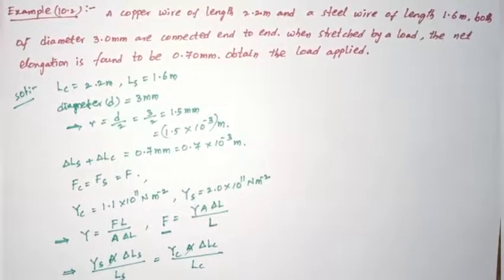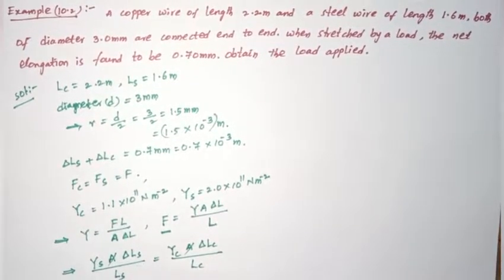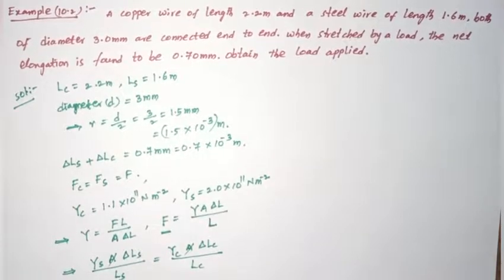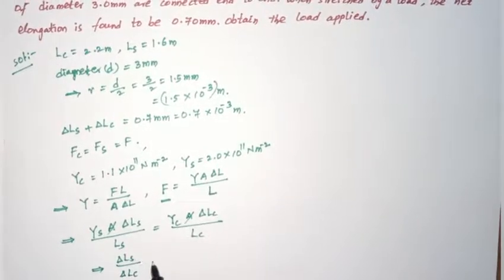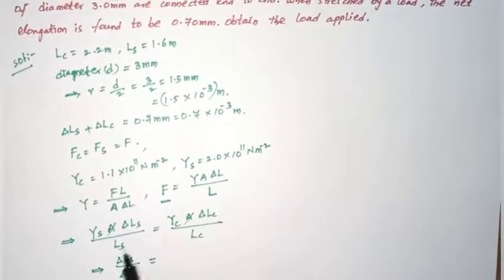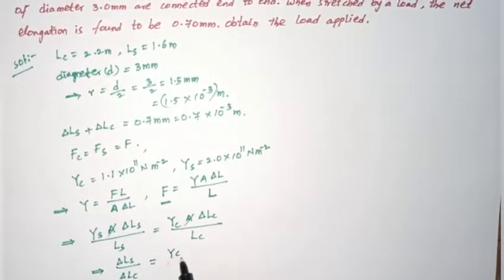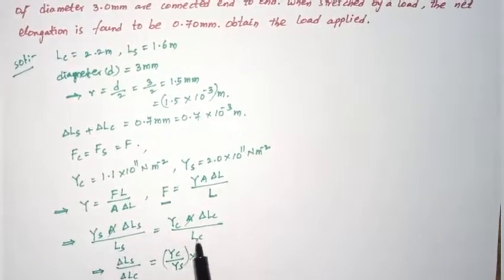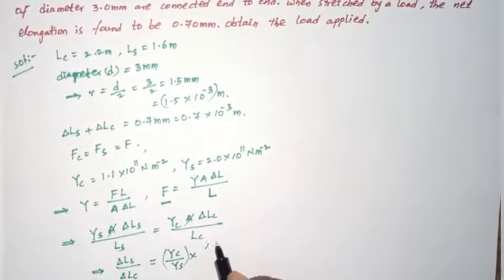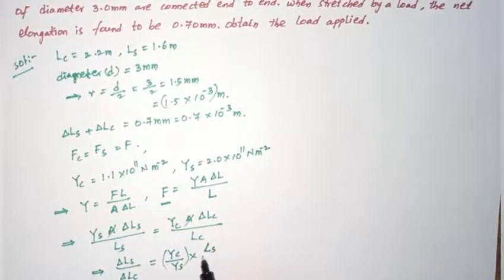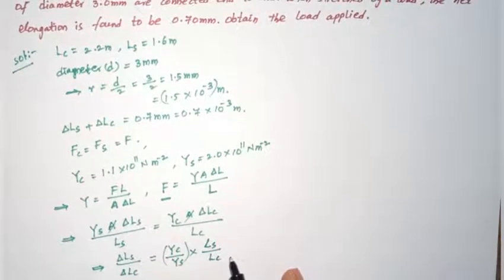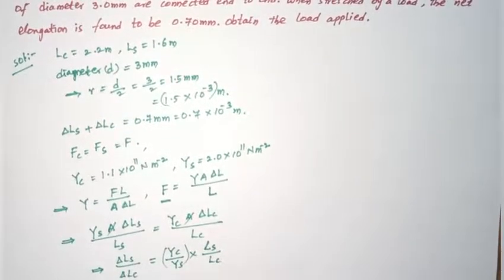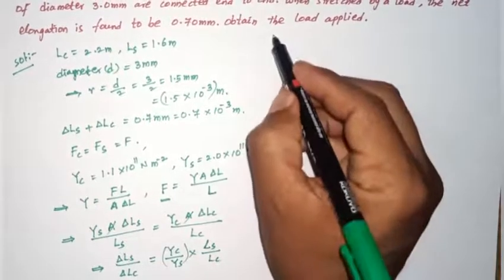The area gets cancelled, so delta Ls by delta Lc equals Yc by Ys into Ls by Lc. Okay, so we can solve this.